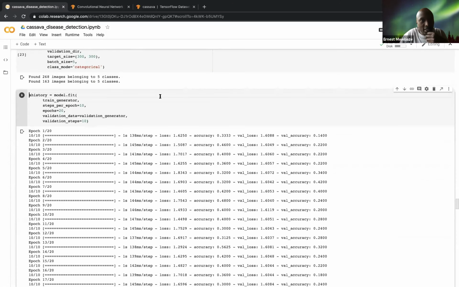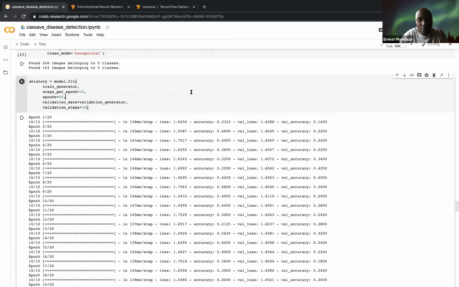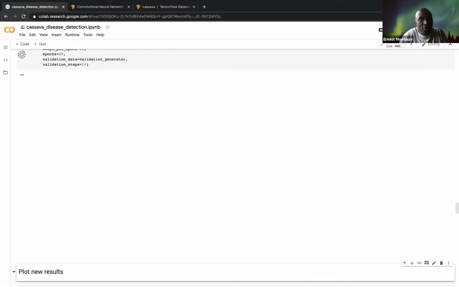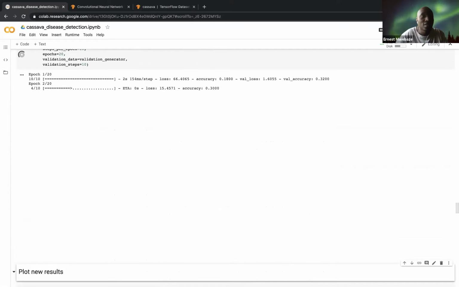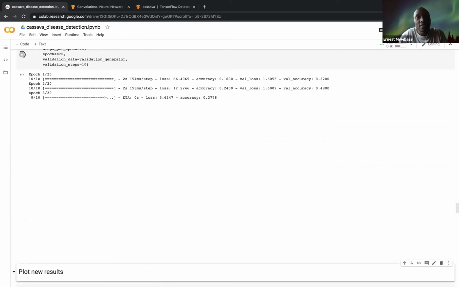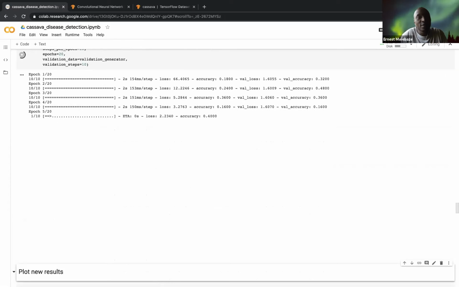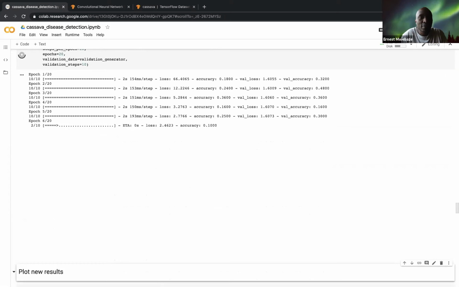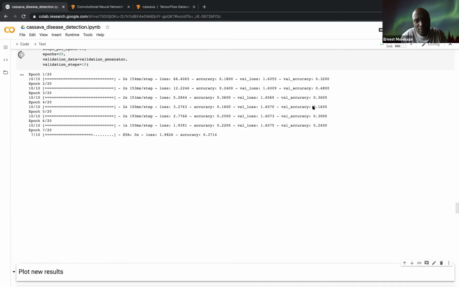Okay, so we can do that again. We can fit our model again, or train, fit our model now with this new data set, which is augmented in some ways, and see if we get better results.